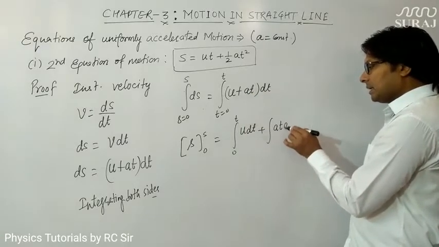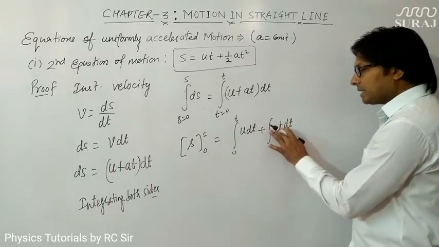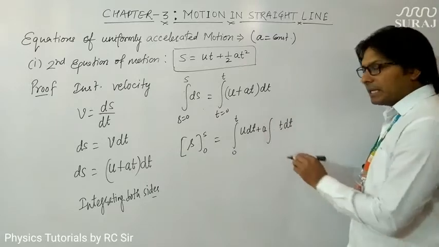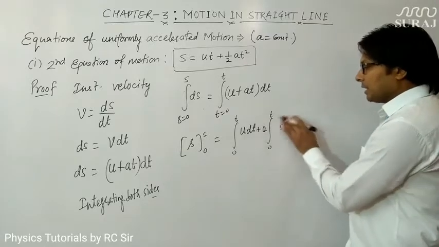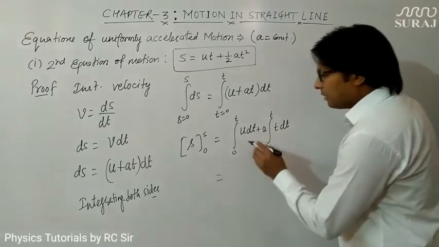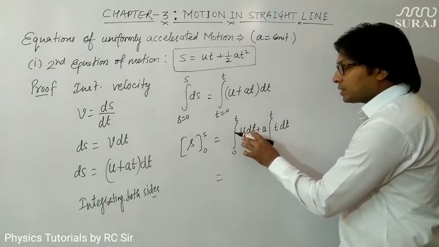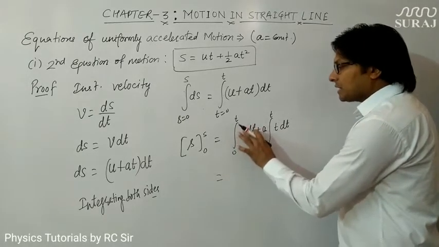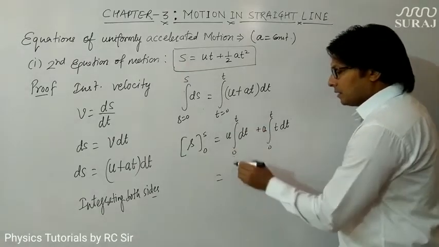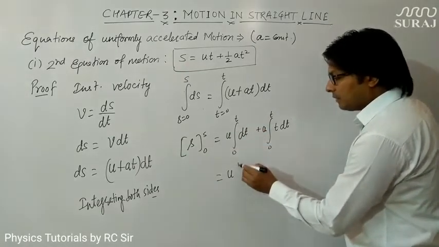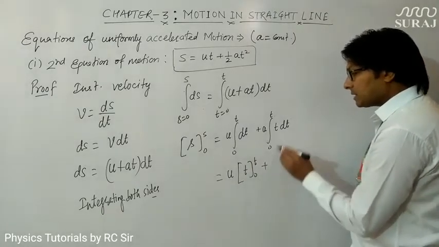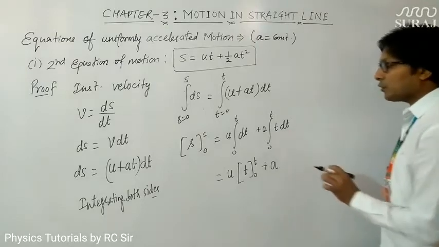We can take a out of this integration because a is constant here, with the limit from 0 to t, so we write t dt. Now we can also take u out of the integration because it is also constant. So this will be u, and the integration of dt will be t, with the limit of t from 0 to t, plus a times the integration of t dt.